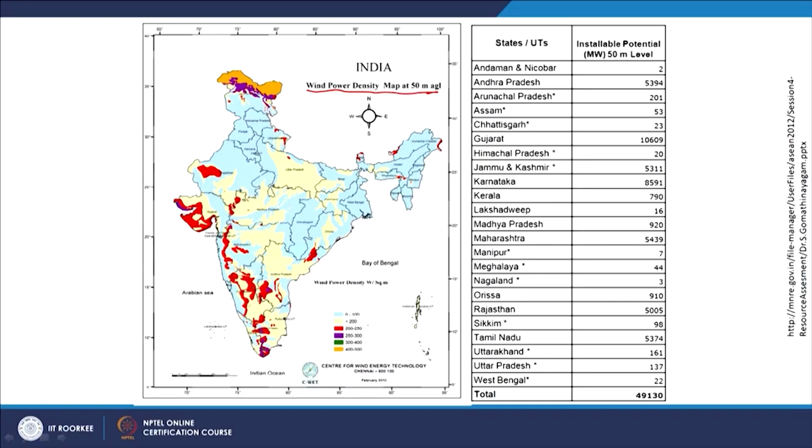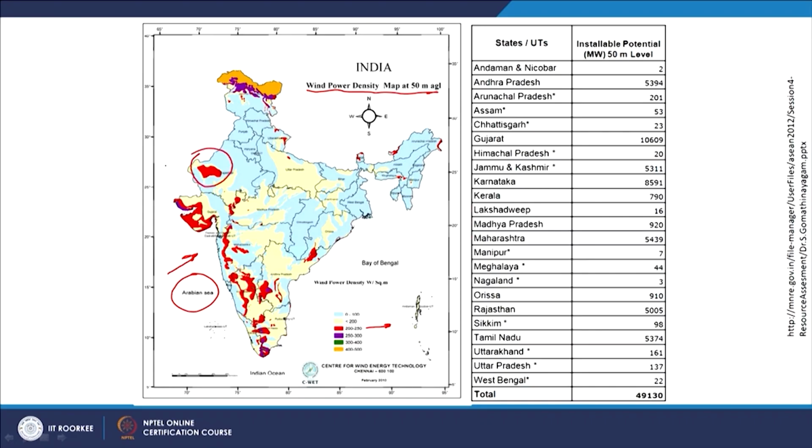As you can see, the maximum is available from the wind coming from the Arabian Sea. So you see many parts of Gujarat, Maharashtra, and other states like Tamil Nadu and Kerala, and also a large part of Rajasthan.